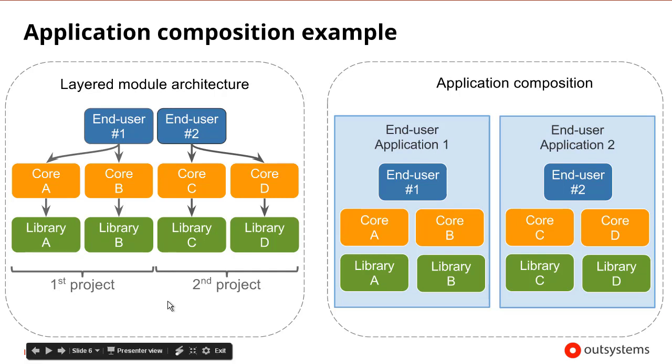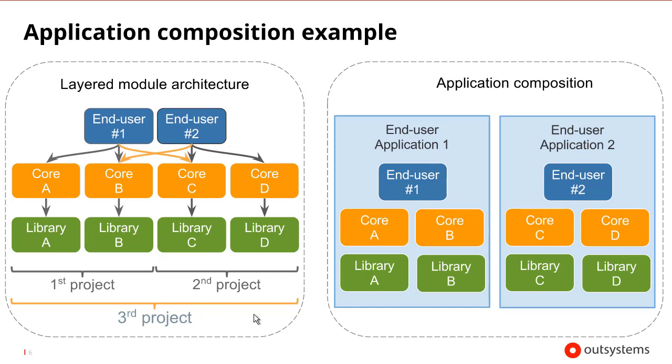So we could imagine a request from the business to add some information provided by Core C to end user 1 application, and potentially add some services and information from the core service B to the end user 2 application, which might end up looking like this. Now we have references to the other core services that have become part of the requirements for our third project.